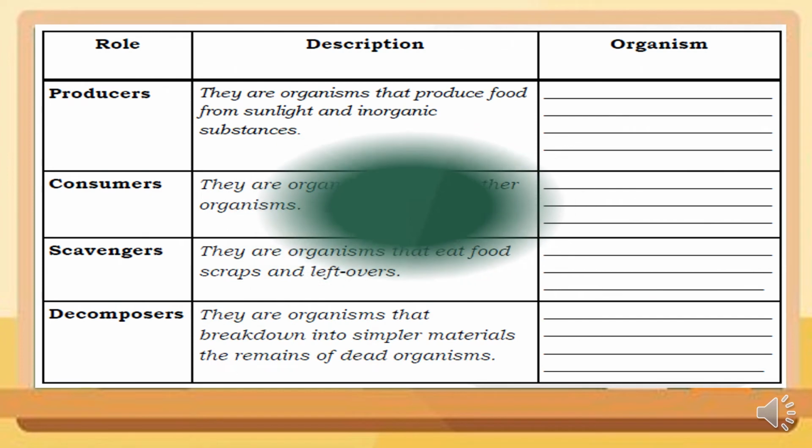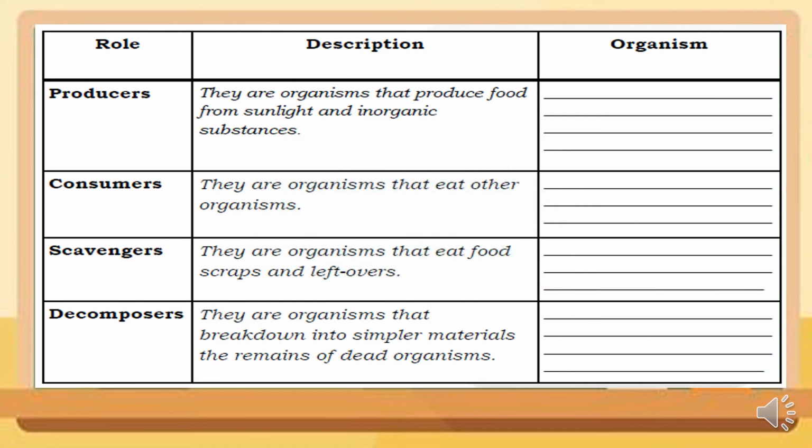And here is the chart. We have 3 columns: the role, the description, and the organisms. For the role, we have producers. They are organisms that produce food from sunlight and inorganic substances. Then we have consumers. They are organisms that eat other organisms. And scavengers.